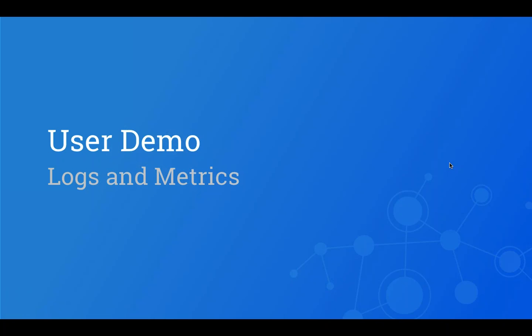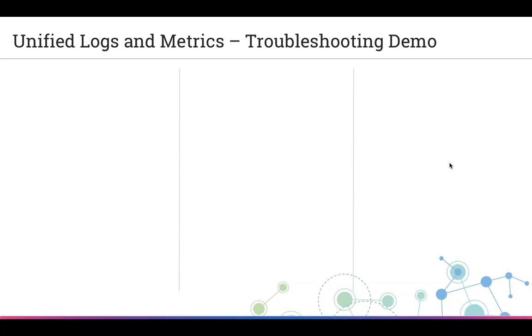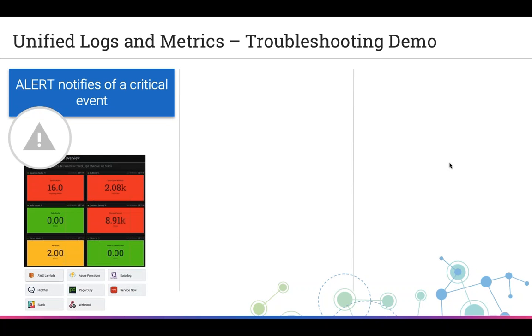But before I go any further on how to set it up, I'd like to walk you through a user demo of how to use both logs and metrics. So we call this a unified logs and metrics solution. This one in particular is going to be a troubleshooting demo. What I'm going to be showing you here is first, I'll show you how you can use Sumo's alerting capabilities to notify a user of a critical event.